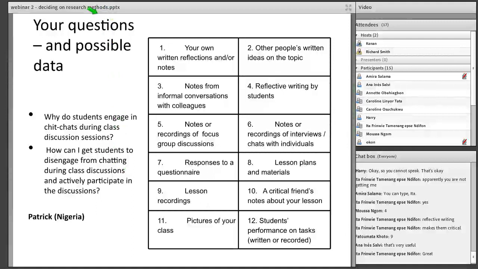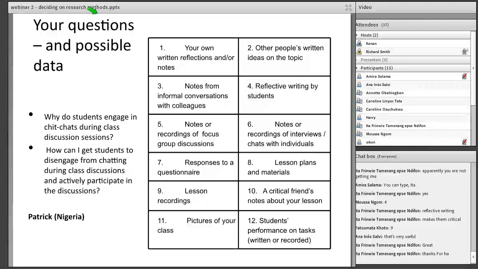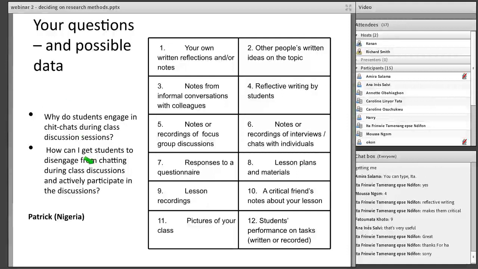So Patrick, you don't mind us sharing your questions. I guess you feel that students engage in chit chat during class discussions, and I think you mean that they're not focusing on the topic that you give them to discuss, that they're going to talk about other things like TV programs they've watched or something about their social life.